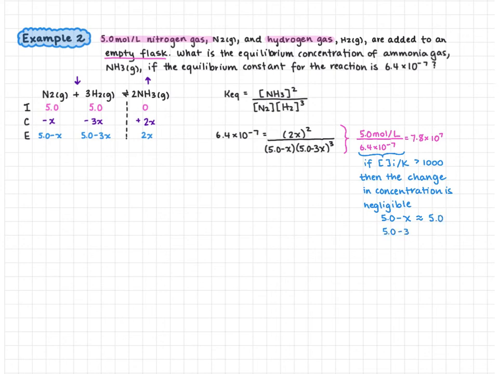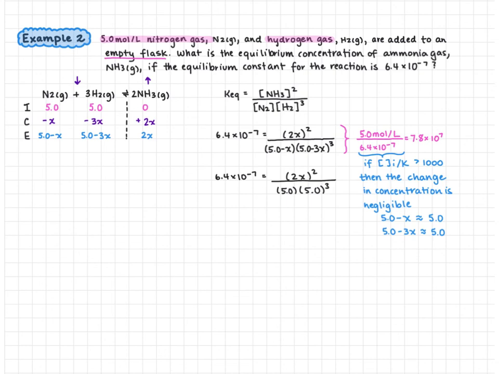And 5.0 minus 3x is also going to be approximately equal to 5. The reason that we want to use this approximation is now we can rewrite this expression, 6.4 times 10 to the negative 7 equals 2x squared over 5 times 5 cubed. This expression is now one that we can easily solve using a square root. And so anytime you run into a question where you end up with a quadratic formula or a cubic, check if you can use this approximation method to simplify your math.